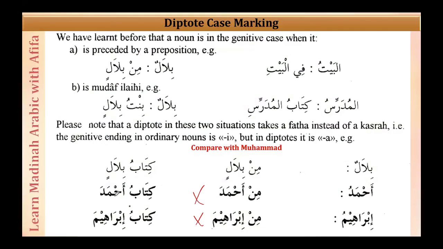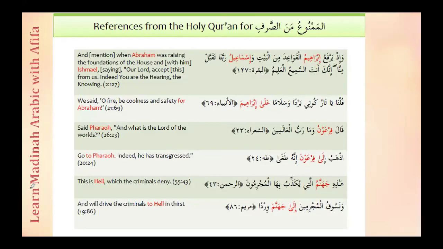Okay, so again, if you did not understand this lesson, please do not worry. This is a future topic. I just wanted to introduce you. The reason is so that when you see these names in the Quran, in case you're wondering why it doesn't show tanween, like we talked about Hamidun or Muhammadun, now you know.